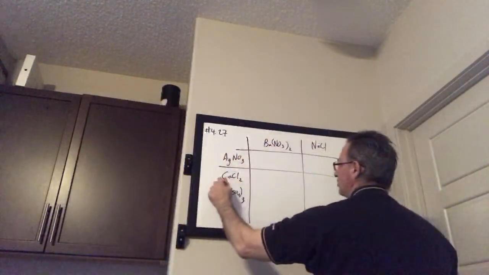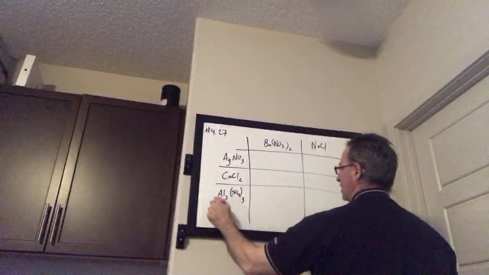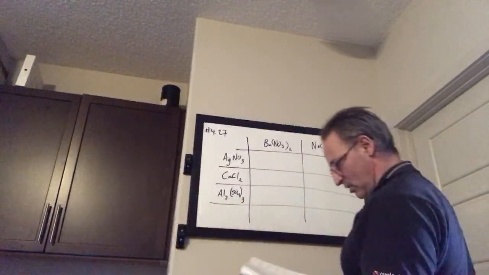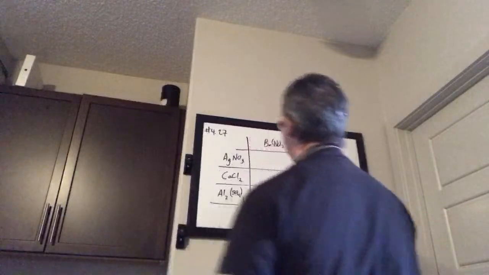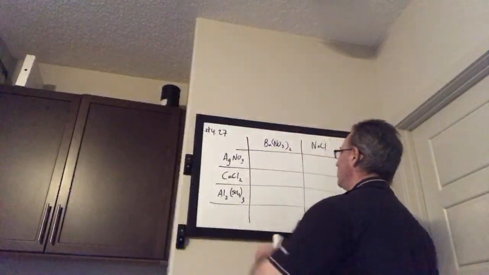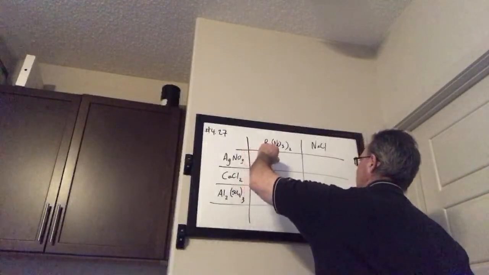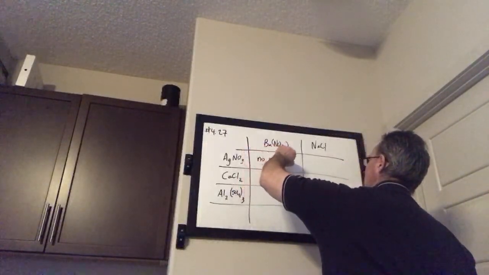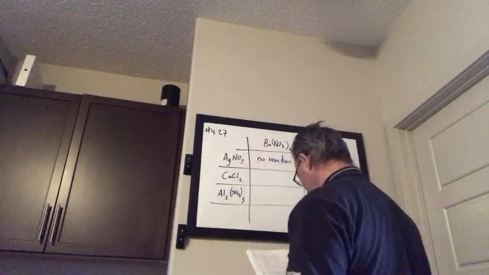So now all you have to do is predict what's going to happen if you mix each one of these possible combinations. So if you mix silver nitrate with barium nitrate, the counter ions are both the same, so you get no reaction, nothing happens. This is the same counter ion. They'll both be soluble.